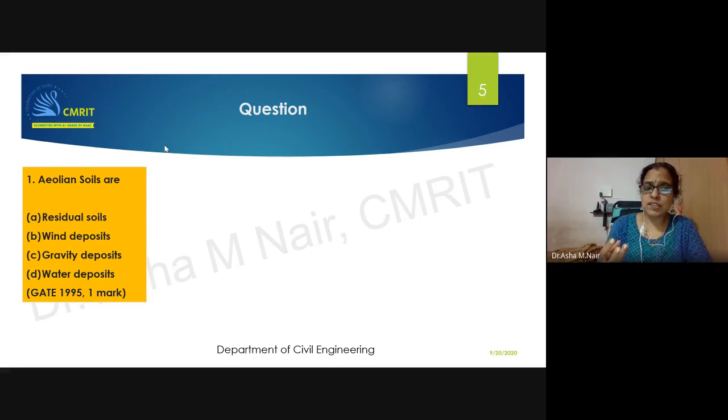And a water deposit is a case wherein the particles are transported by water. So in this case, the apt answer will be wind deposits, because it is transported by wind, and it is a 1 mark question.